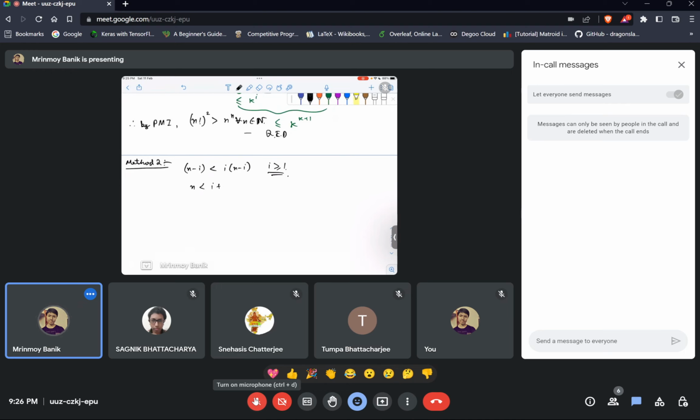So i plus i times (n minus i), which if we take i common, is i times (n plus 1 minus i). Now taking the product, i runs from 2 to n.